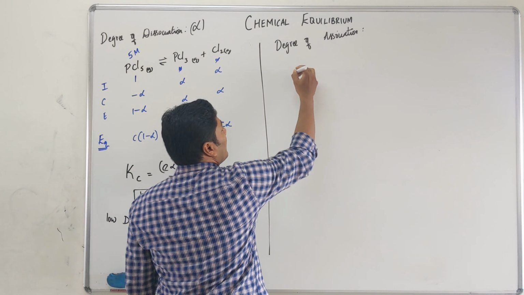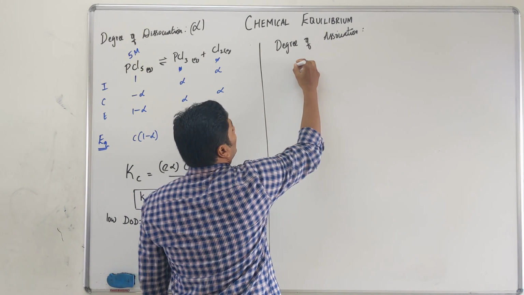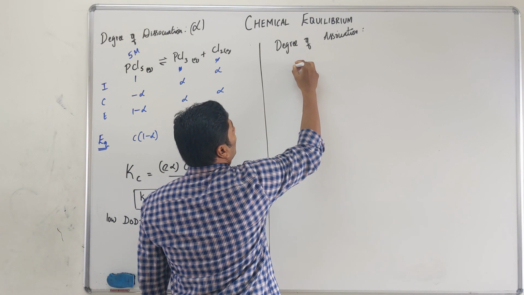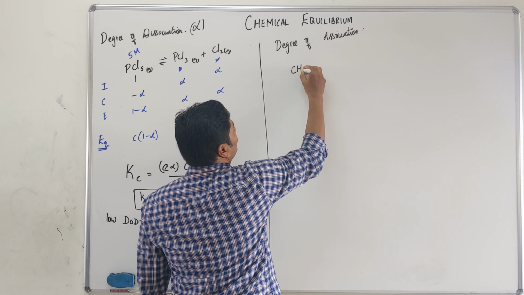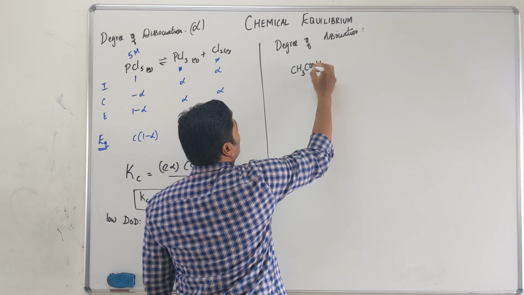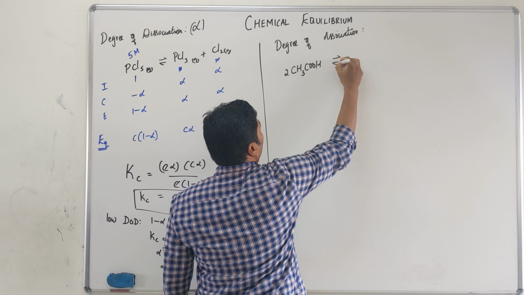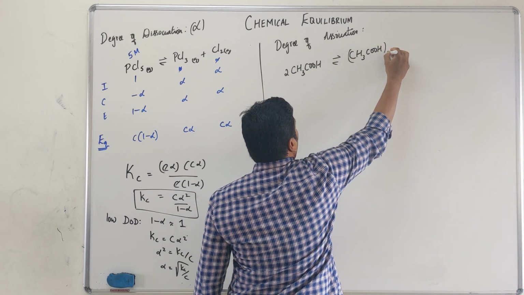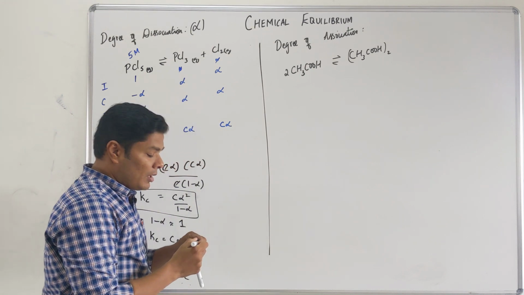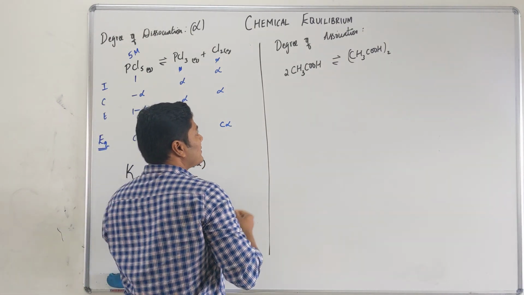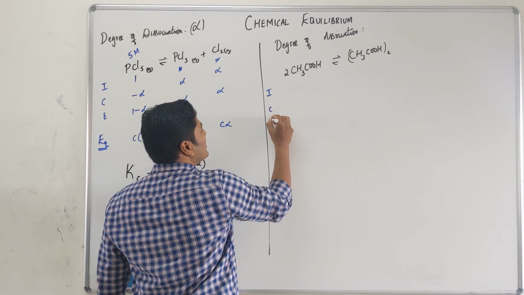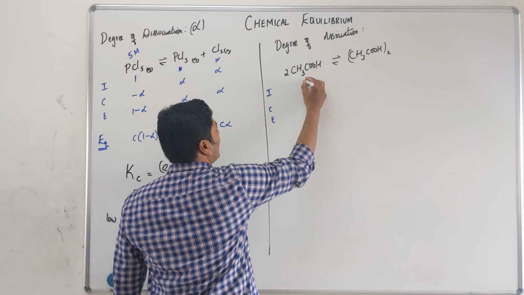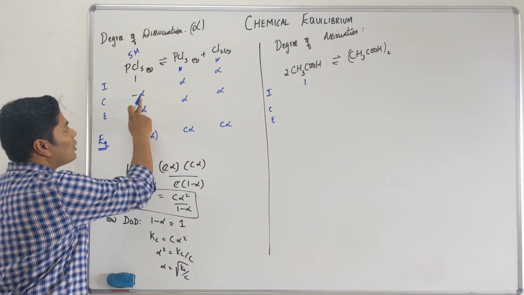For example, let's say your benzoic acid, two molecules can become a dimer, in benzene. So here how do I write it as ICE? You don't write it as 2 because the fraction is always out of 1.